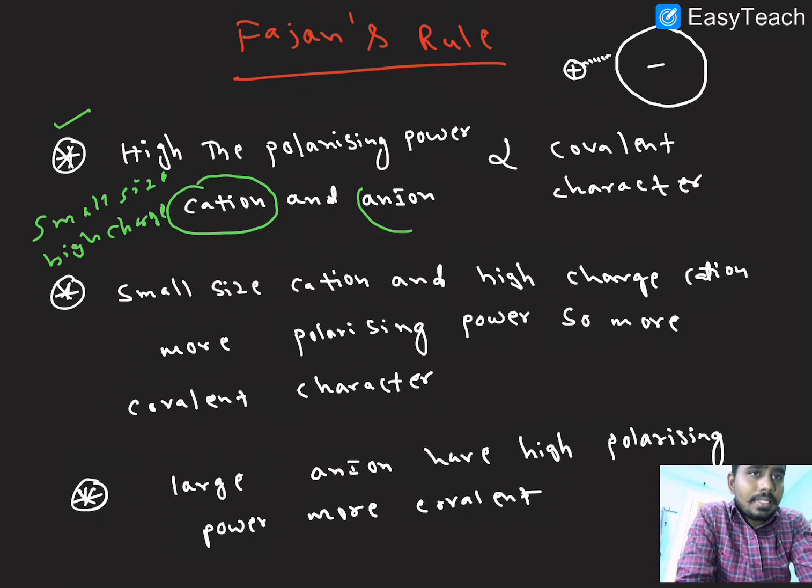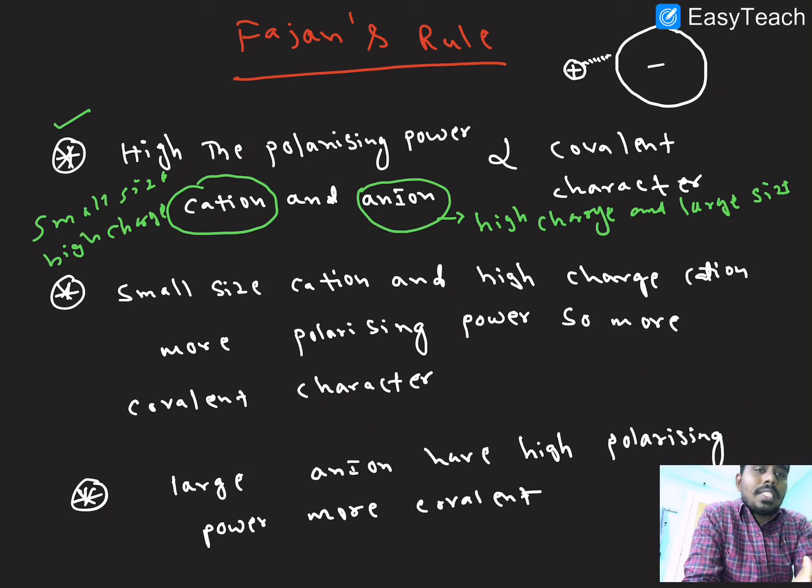And the anion, high charge and at the same time large size. So large size and high charge anion has more polarizing power, so such ions have more covalent character. I hope this point is clear: the polarizing power is directly proportional to covalent character.